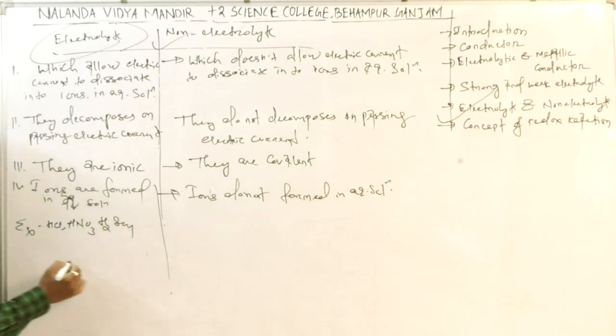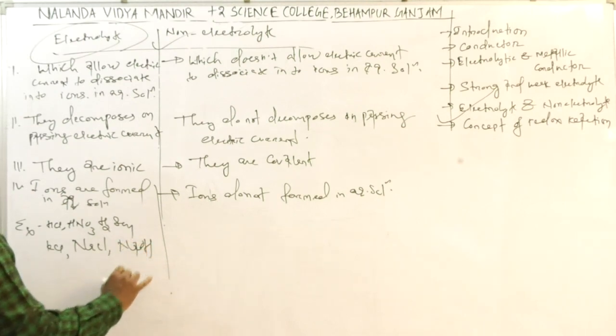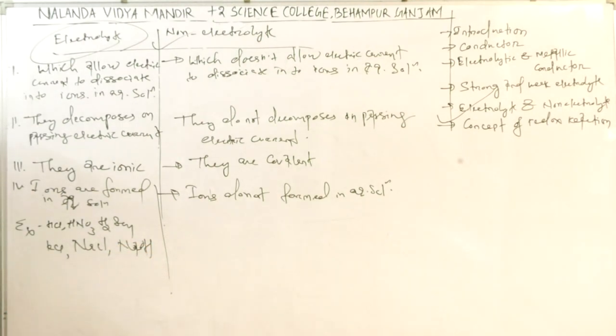If we take examples, under the electrolytes we can write HCl, HNO3, H2SO4, KCl, NaCl, NaOH, sodium hydroxide, a strong base, and KOH. So these are a few electrolytes which come under the electrolytic category.